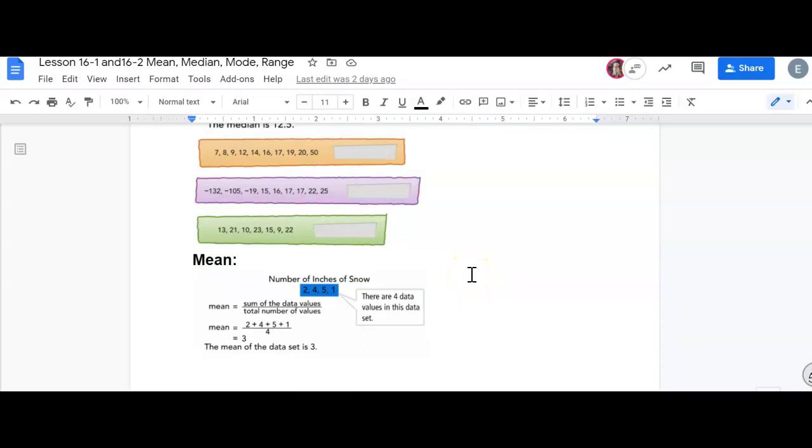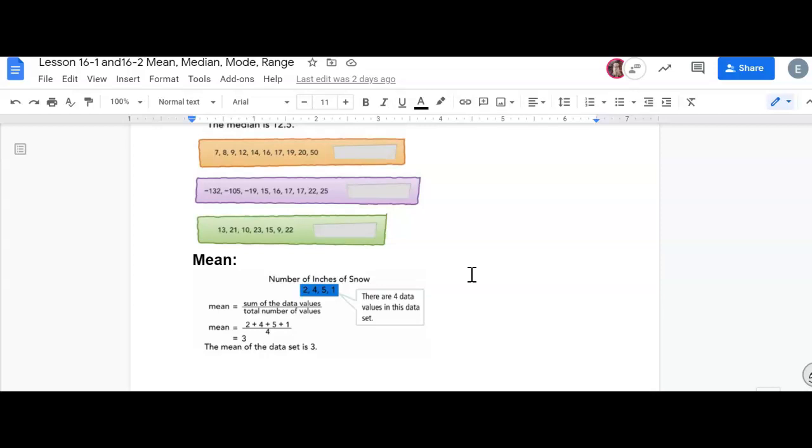Reviewing then into mean. Mean is the same thing as average, which means we need to find a level data set for all data collected.